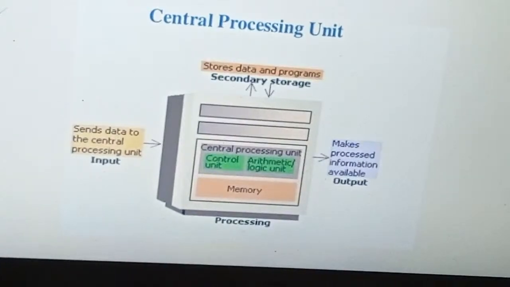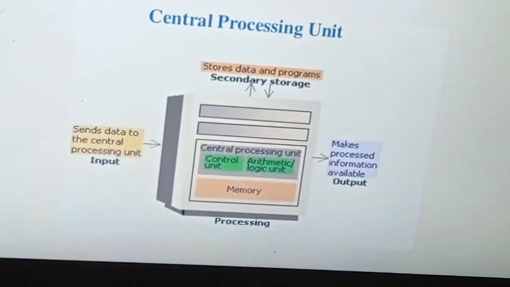An input device takes data from the user and sends it to the CPU, and the CPU sends the result to the output devices.